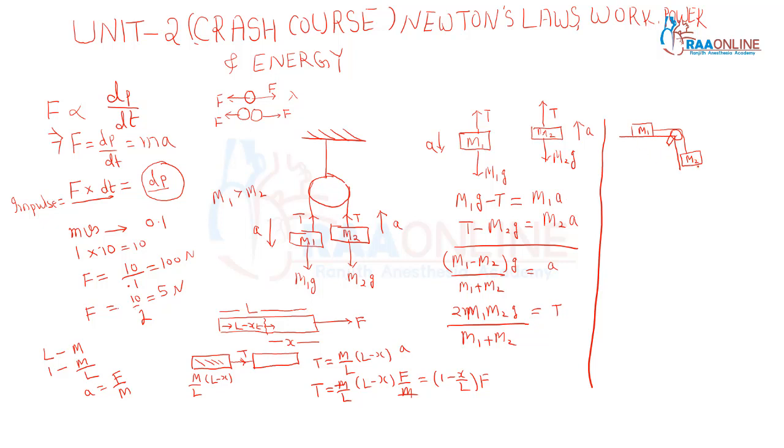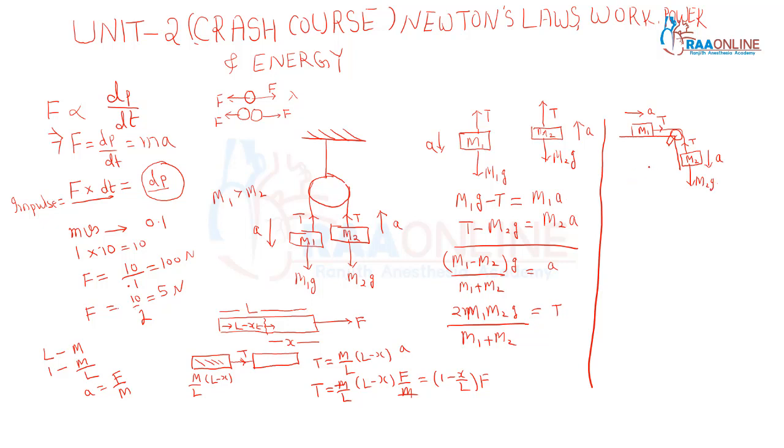Both are connected. If it is going with acceleration a in downward direction, it will move in this direction. Tension in this part is pulling this, and in this part blocking the downward motion. Weight is acting in downward direction.